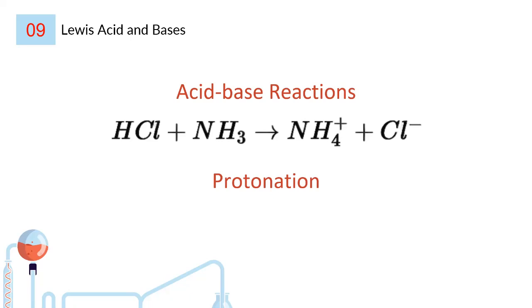For example, in this reaction, hydrochloric acid donates a proton, forming the ammonium ion and the chloride ion. H+ ions can also protonate various functional groups or molecules, which results in the addition of a proton to the molecule. For instance, here, the H+ ion protonates water to form the hydronium ion, which is commonly found in acidic solutions.